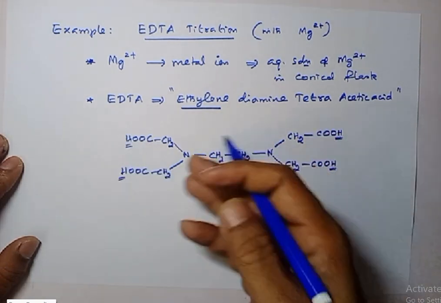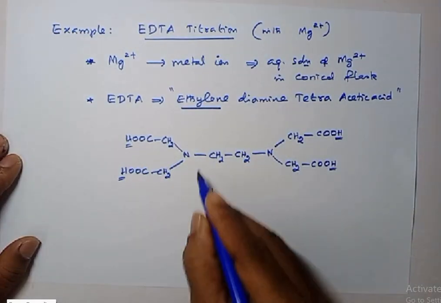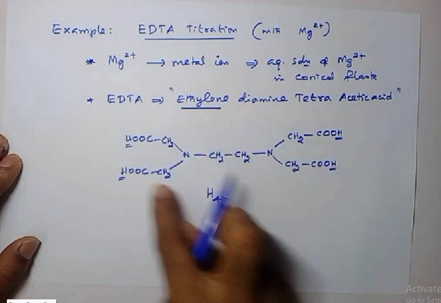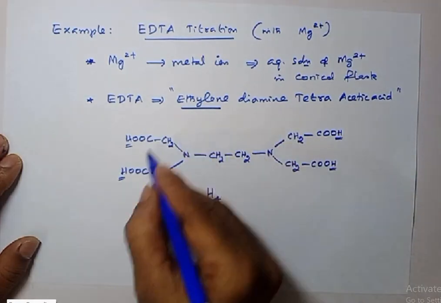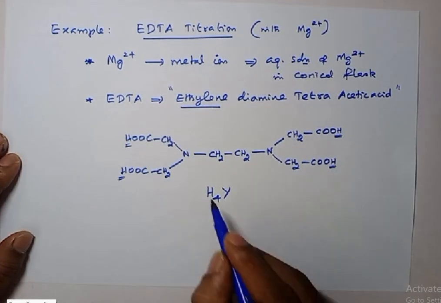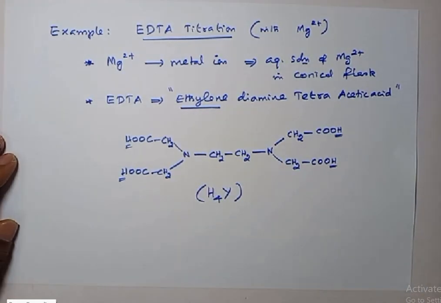Here we have 4 replaceable hydrogens. All these hydrogens can come out as H plus. So I can write this ligand shortly as H4Y, with 4 replaceable hydrogens and the remaining part as Y. This is a short representation of the EDTA ligand.